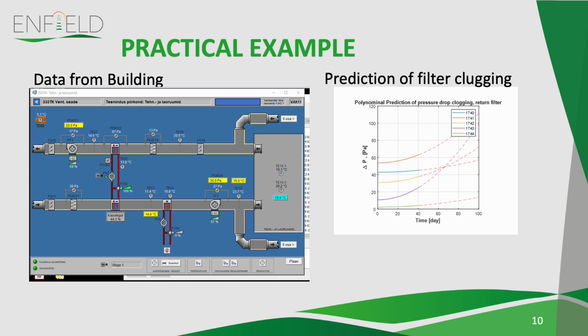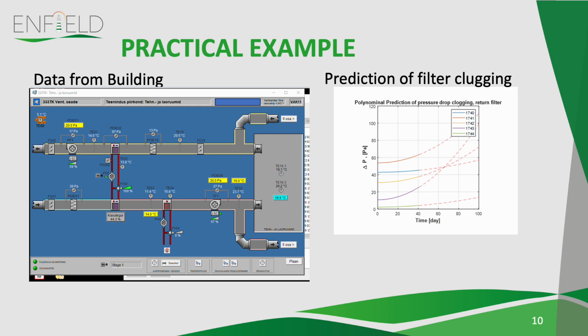But the ventilation system will require much more energy. And this energy consumption, because of filter clogging, will not be visible. But when you use sensors and you put, for example, pressure sensors, measure pressure drop, it can be easily visible.